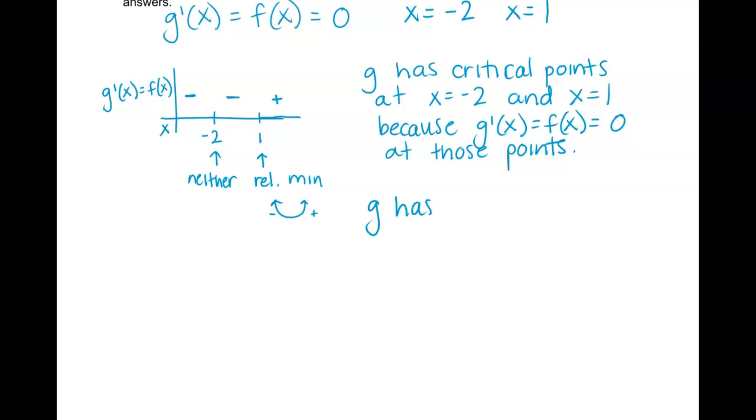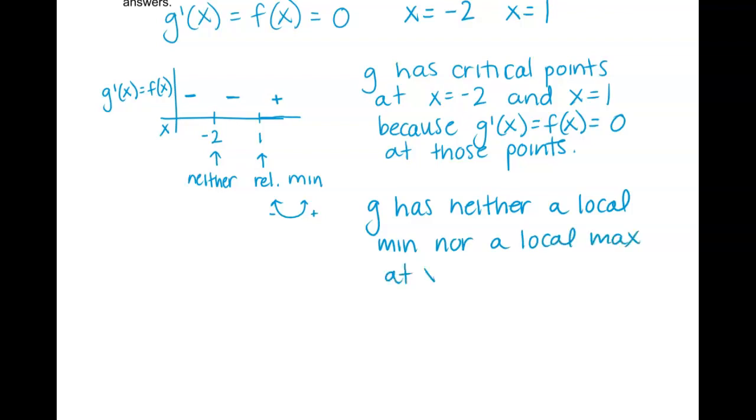G has neither a local min nor a local max at x equals -2 because g prime, which is just f, does not change sign.